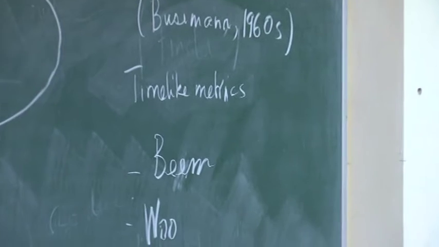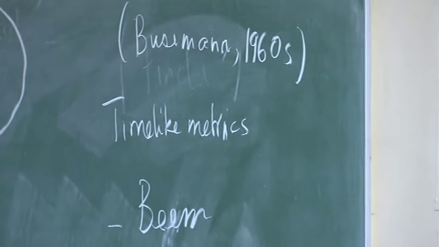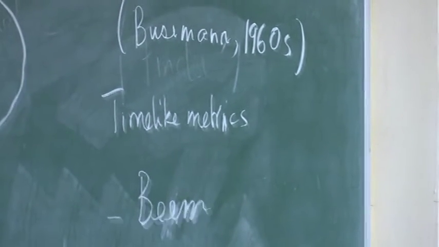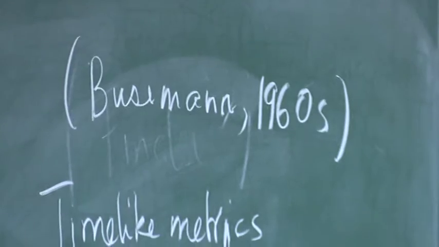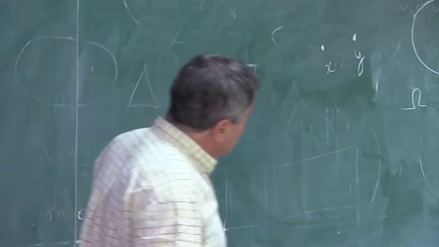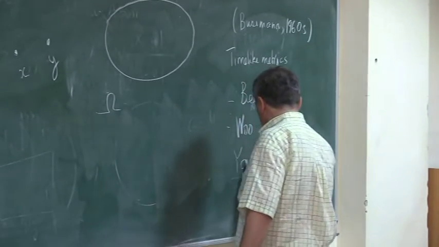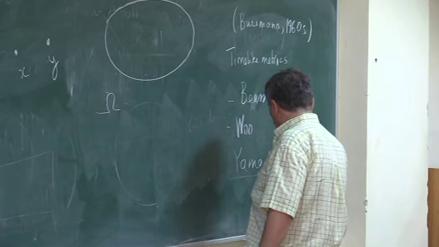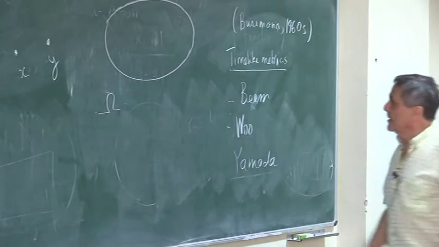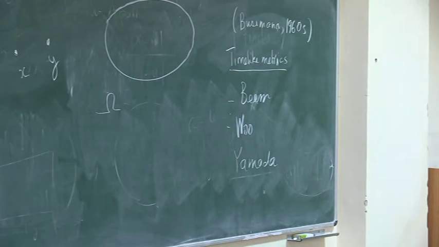Apart from these three papers, in fact, I don't know any paper on this subject. So this is a subject which was stagnant for several decades. Then recently I wrote a paper with my co-author Yamada, also called Time-like Metrics, which just appeared.